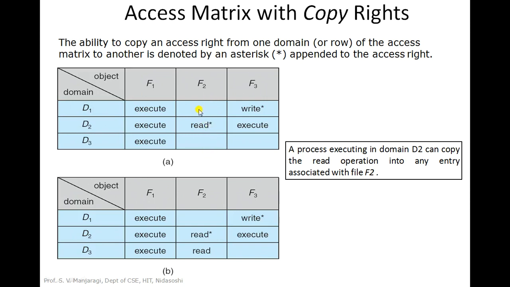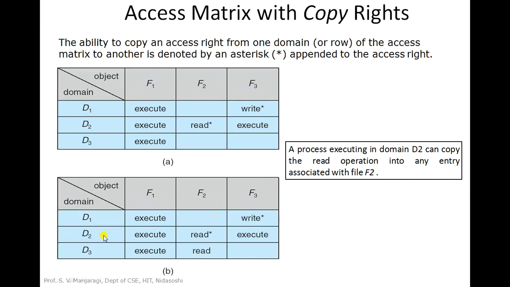That means here also we can set the read, and here also we can set the read, as we can see in table B. The access right for domain D2 on file F2 was read here, and it has been copied to this particular location. It means processes of domain D3 have a read access right on F2.